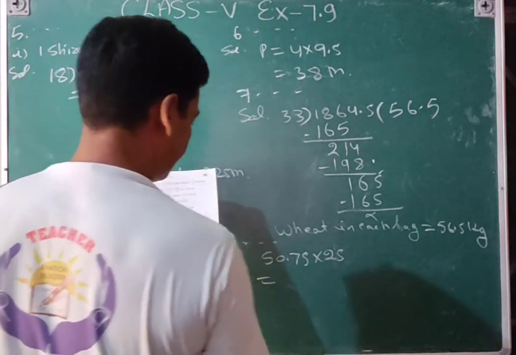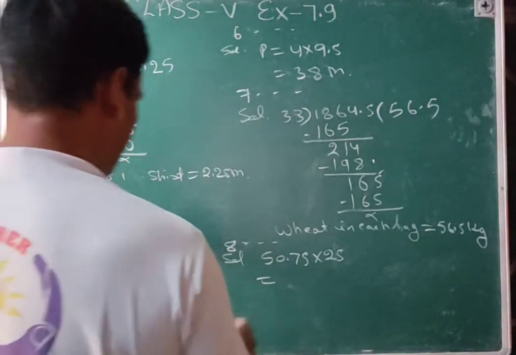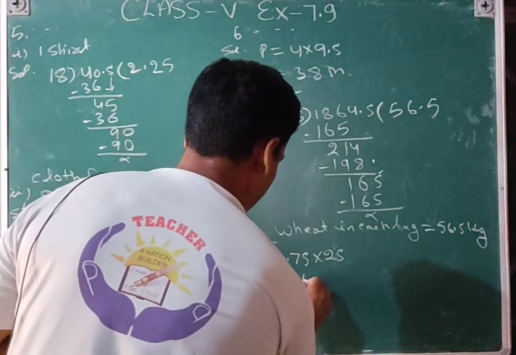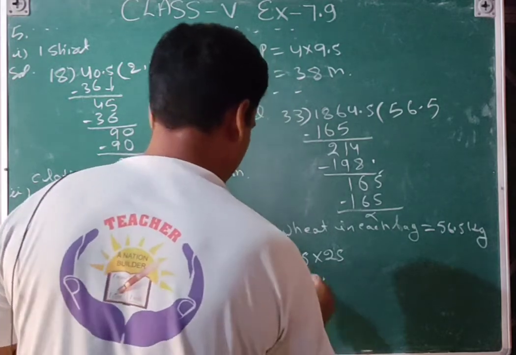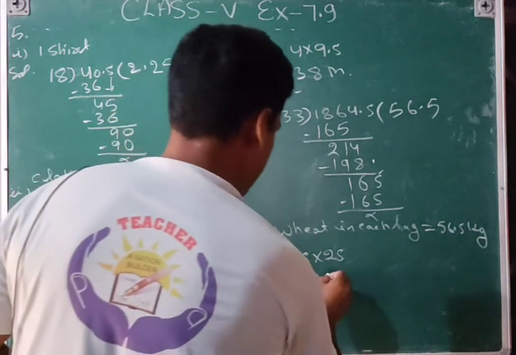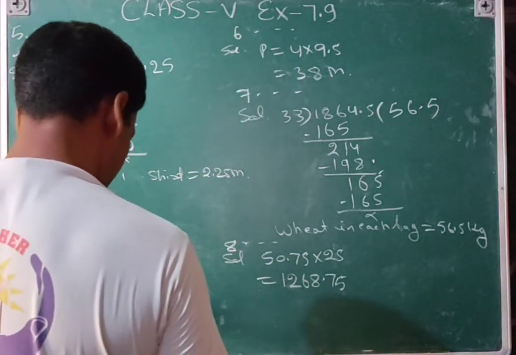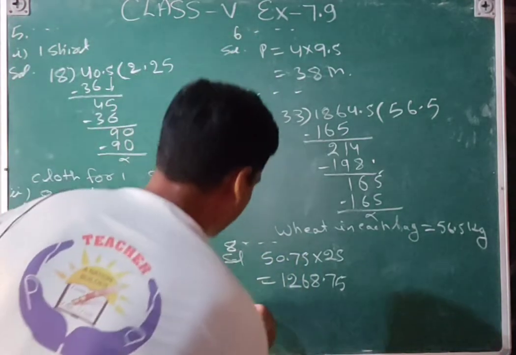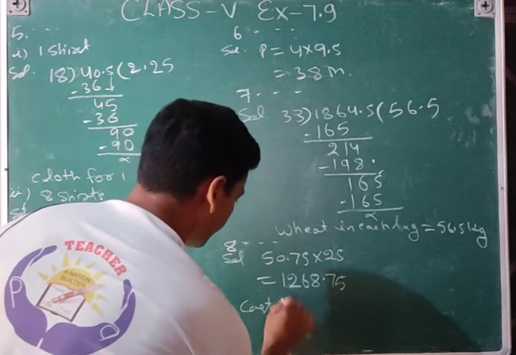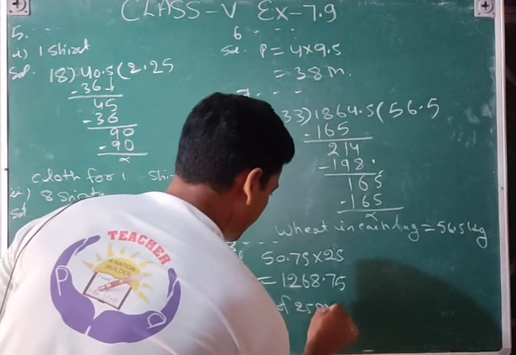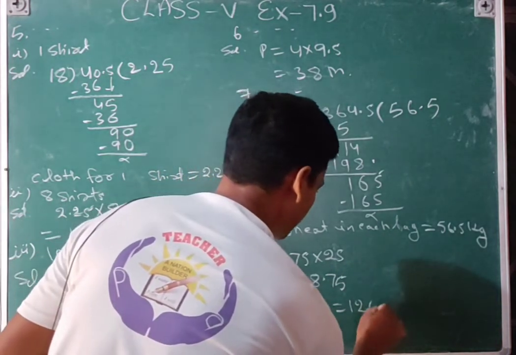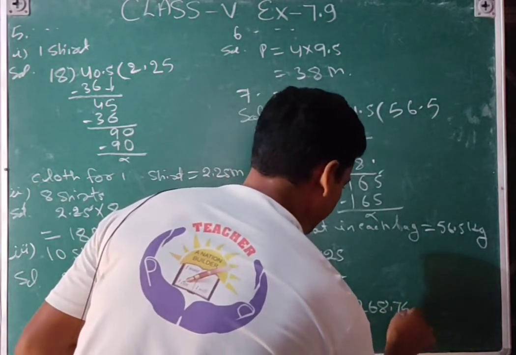So the cost of 25 meter is equal to 1268.75.